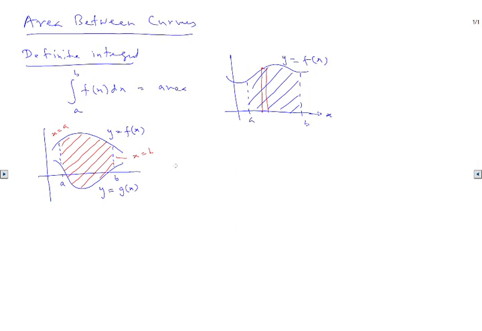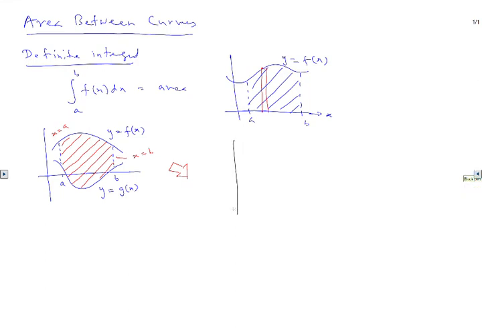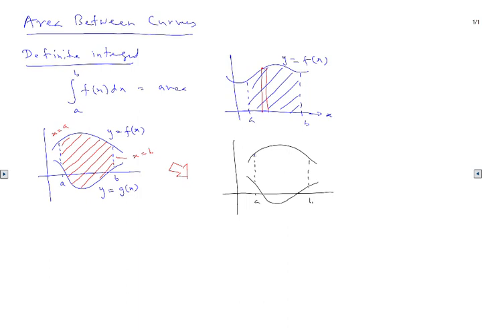So we have the top curve and the bottom curve, and that's the area in between, which we are trying to find between a and b. We can strip this into small rectangles like that.